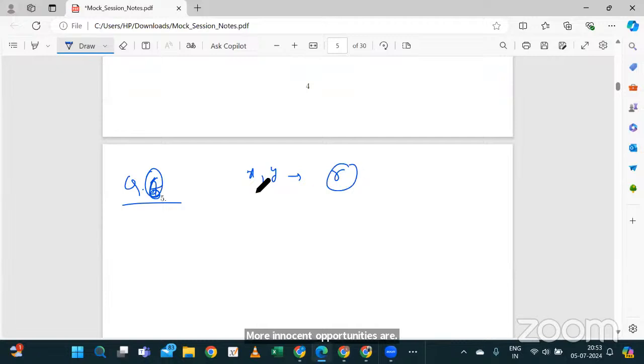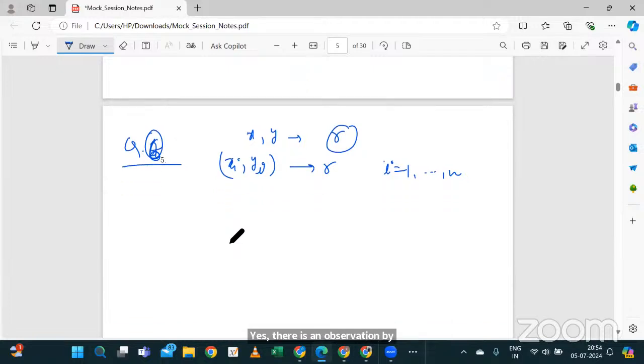Suppose for two variables x and y, the correlation coefficient is r. I have pairs of observations xi and yi, for i from 1 to n, for two numerical variables. Now suppose there is some change: a plus b times xi and c plus d times yi.